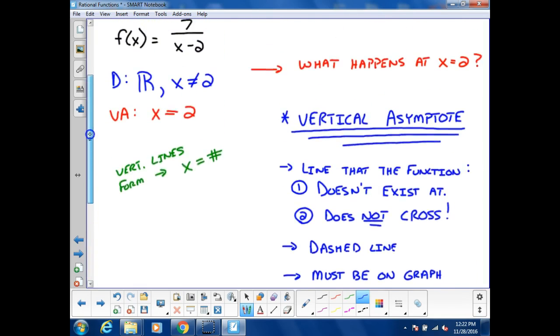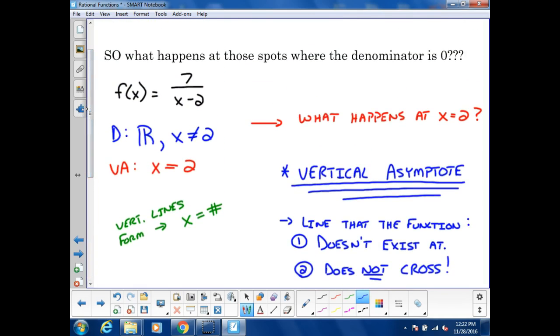And notice, all you do to go from the restrictions of your domain to the vertical asymptote is you get rid of the slash through the equal sign. Okay?